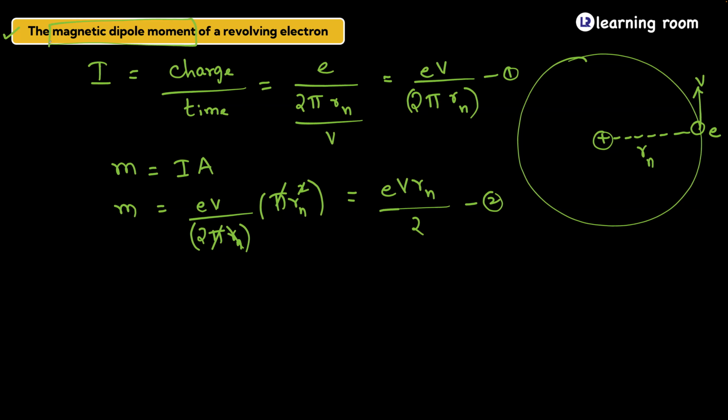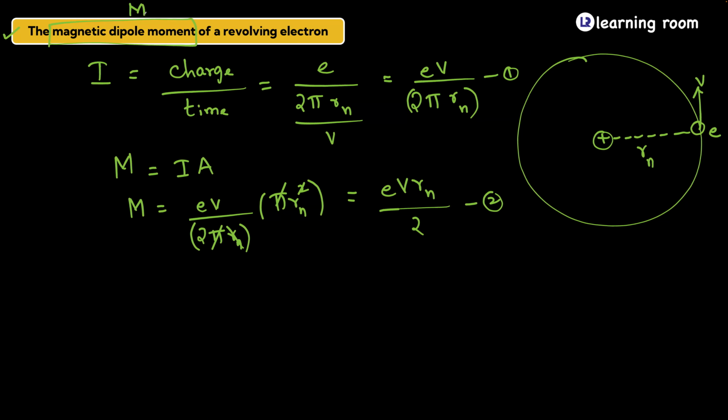So for that, what I'm going to do is, okay, just a small change in the symbol alone, just to not confuse you, okay? I'll use capital M here. So here also I'll use capital M, where capital M stands for magnetic dipole moment.